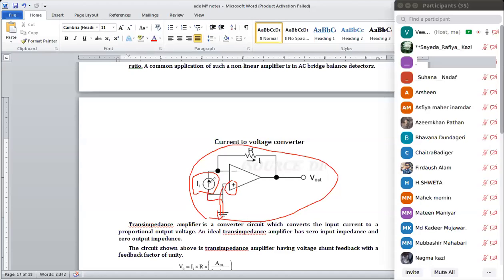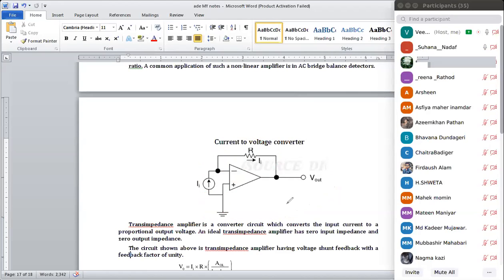Now there is a feedback path connected between the output and input with a very small resistance.